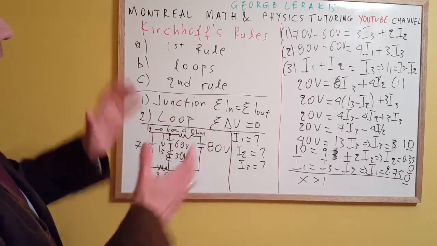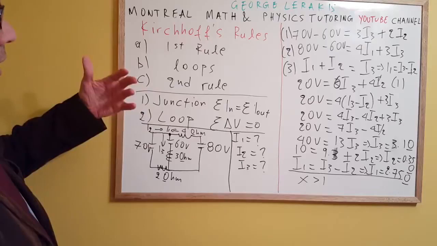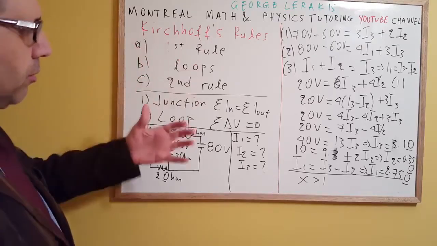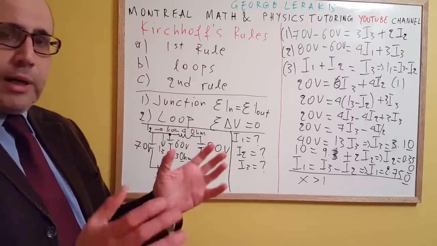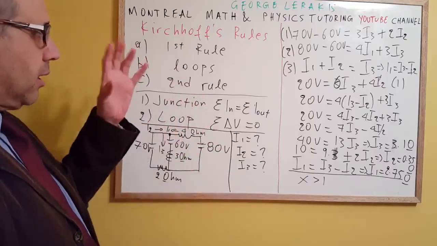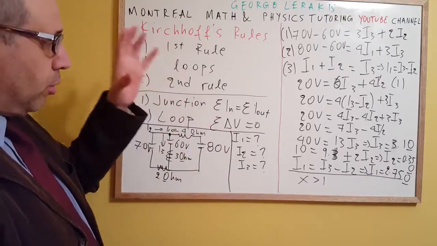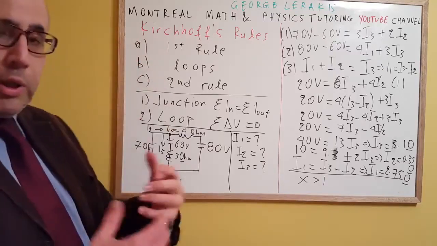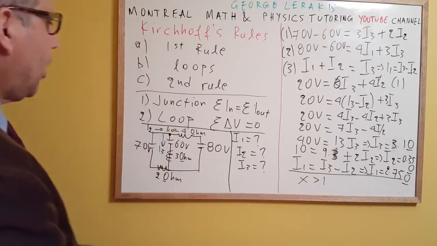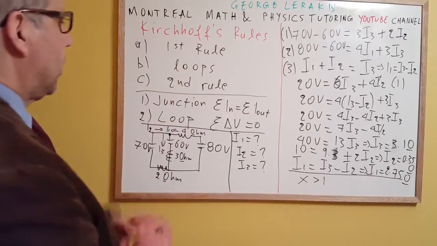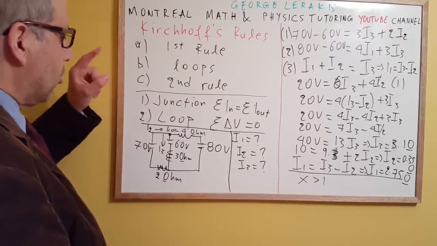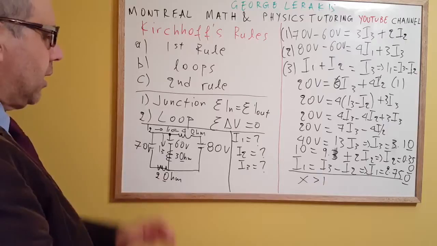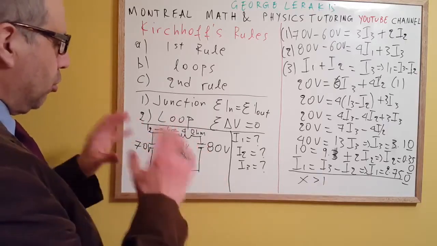If you choose the wrong direction, at the end of the problem you will get a negative value. That means the value is correct, but the direction of that current is the opposite of the one you assumed. So that's for problem A.